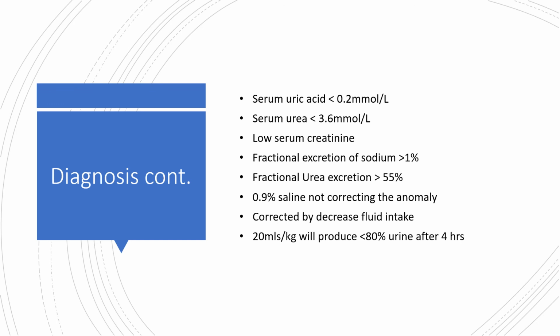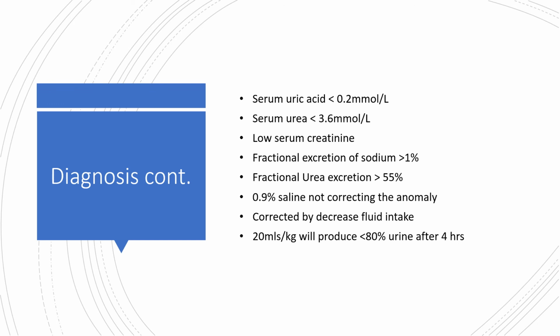The only thing you could do to test and then put your certificate down that this is SIADH is tell the patient to decrease fluid intake. And that is the only situation within a short time, a few days, that will give you a clue that you could handle this by decreasing fluid intake.